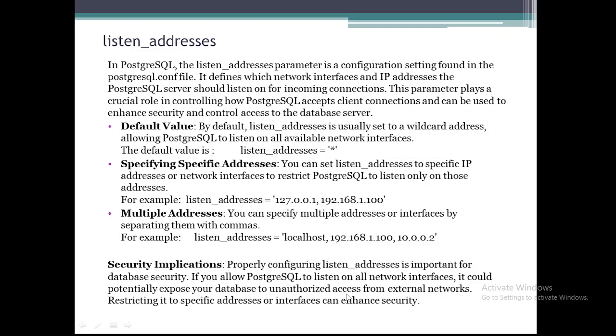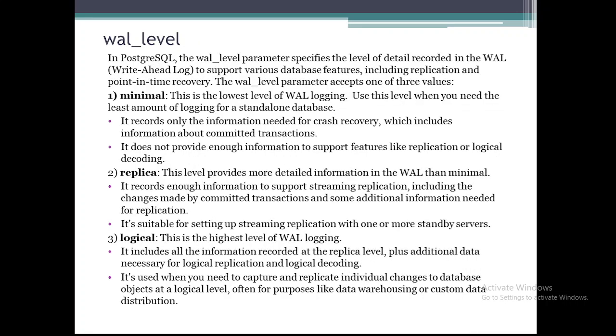So restricting it to specific addresses or interfaces can enhance security. You need to be very specific about configuring this parameter, only allowing the specific addresses which are required in your production network range.